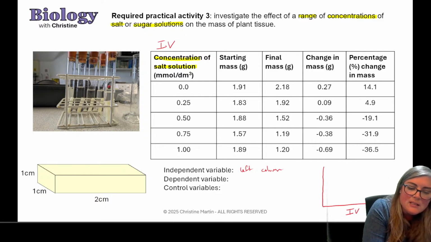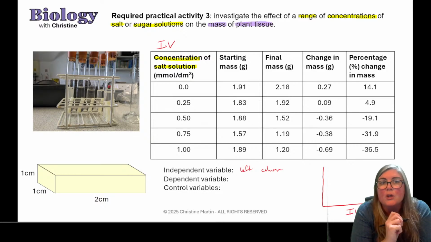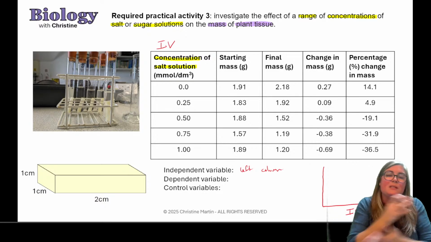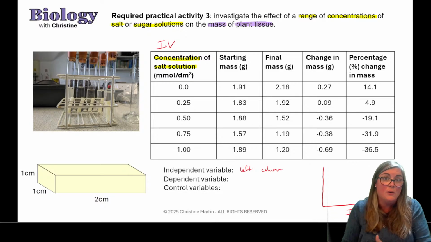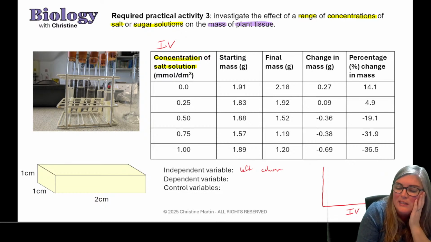So in this case, the dependent variable is going to be the mass of the plant tissue. They may ask you about beetroot, they may ask you about potatoes, they may ask you about apples. It doesn't matter what they ask you about. They're talking about plant tissue. Well, why are they choosing plant tissue?